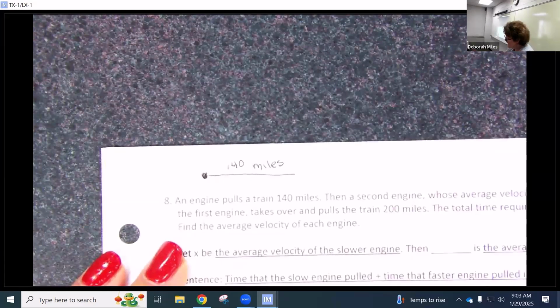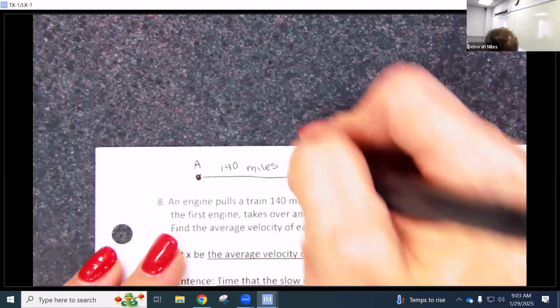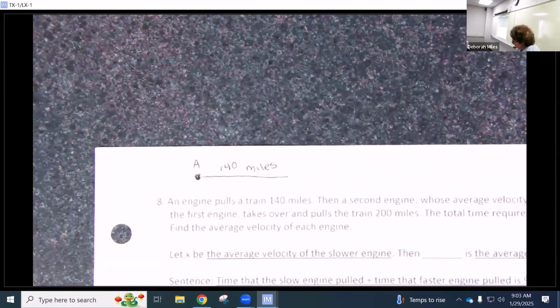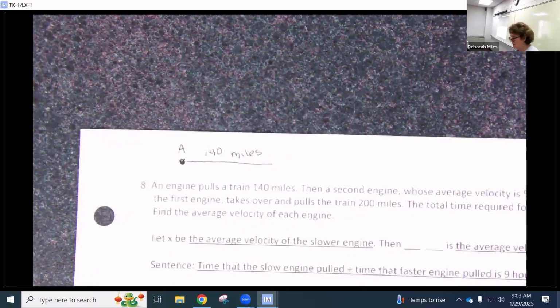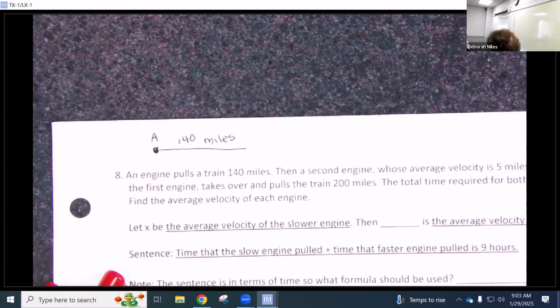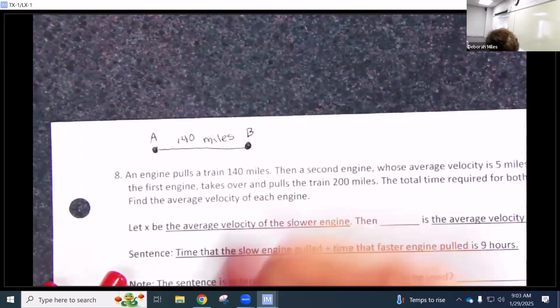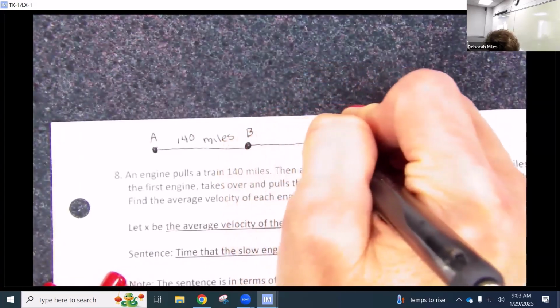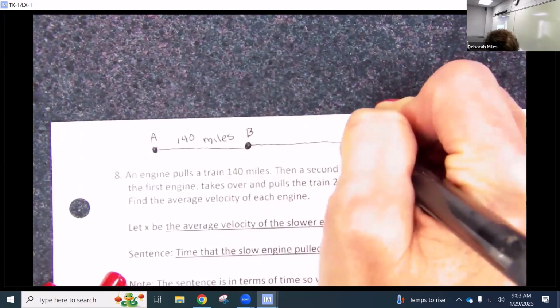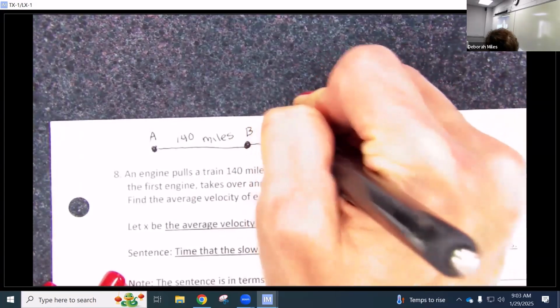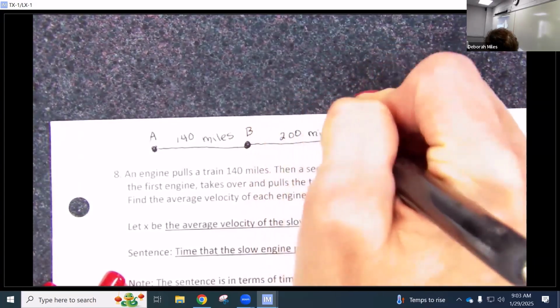I'll call that train A. But remember, I called it train A, the problem didn't call it train A, so I can't reference it in the answer using train A. Somewhere it gets tired and stops, and a second engine, let's call it train B, picks up and goes another 200 miles. So I'll try to make that one look a little bit longer than train A's distance.